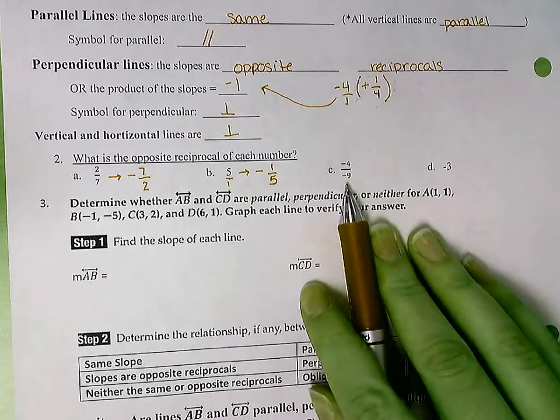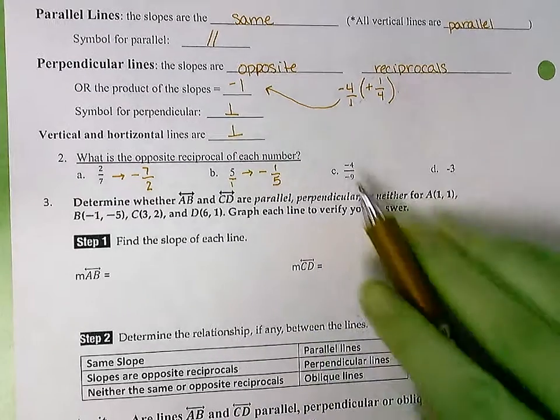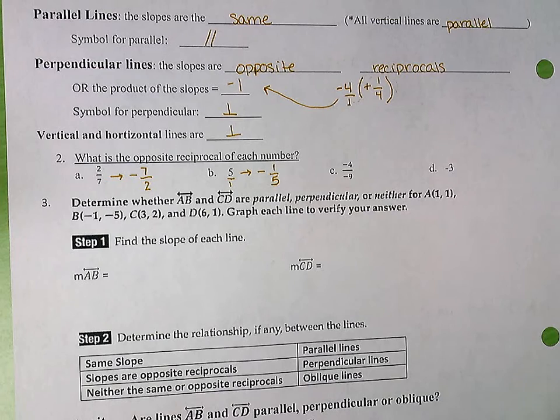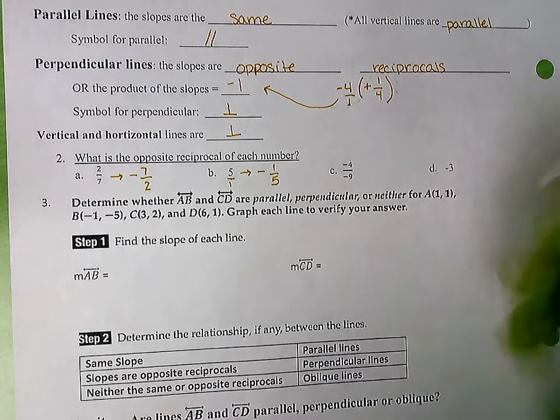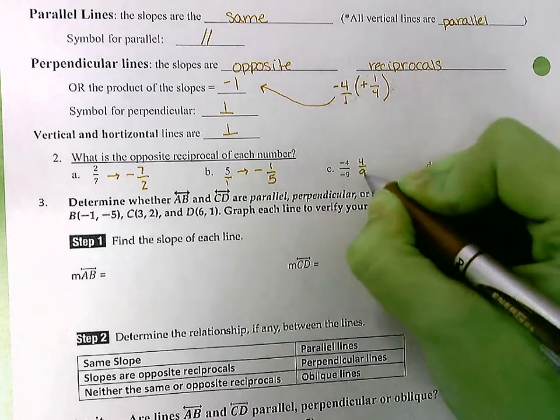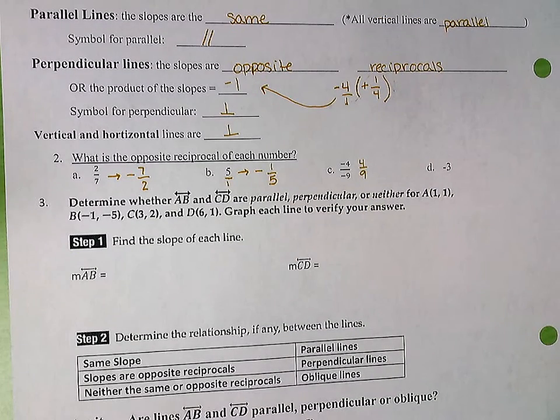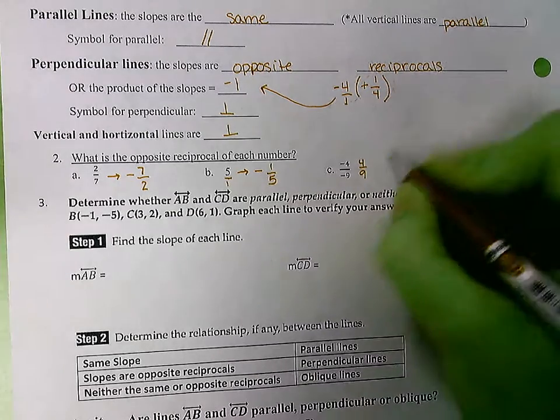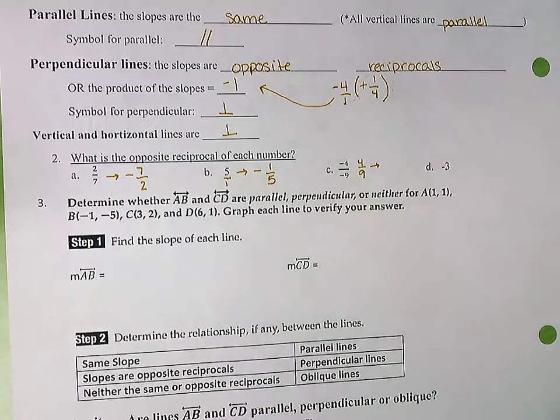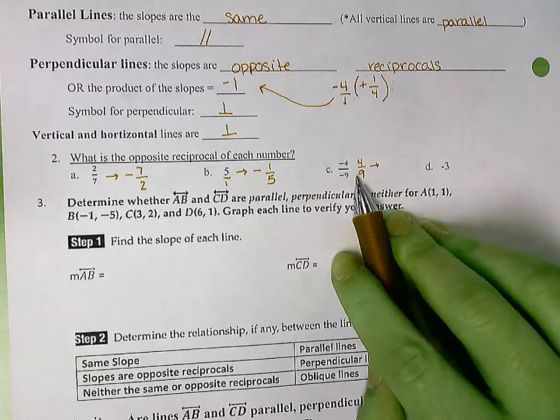Now this one, letter C. If I have -4/-9, how could I rewrite that? 4/9. Okay, if I have a negative over a negative, it is a positive. Okay, so I have 4/9. Now I want to take the opposite reciprocal of that number. Okay, so now this is positive.